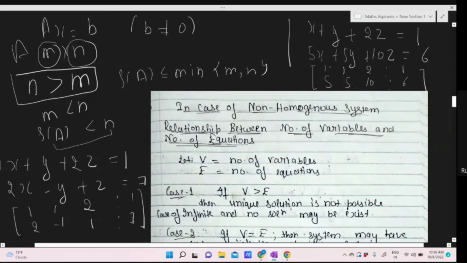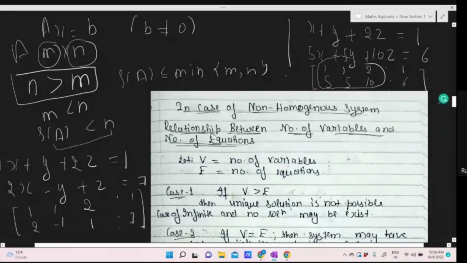Here you can see that rank of A is 1, and after reducing it to the row echelon form, rank of the augmented matrix is 2. So rank of A is not equal to rank of the augmented matrix. Therefore, we will have no solution.